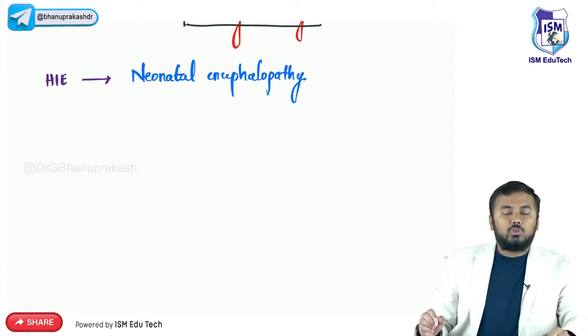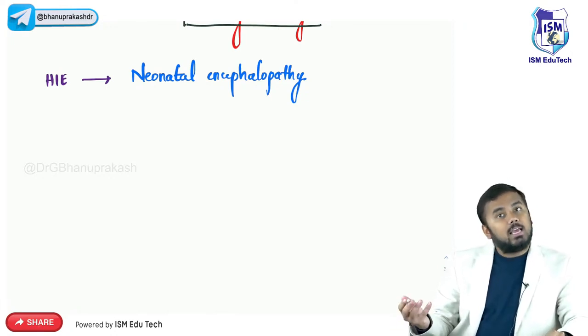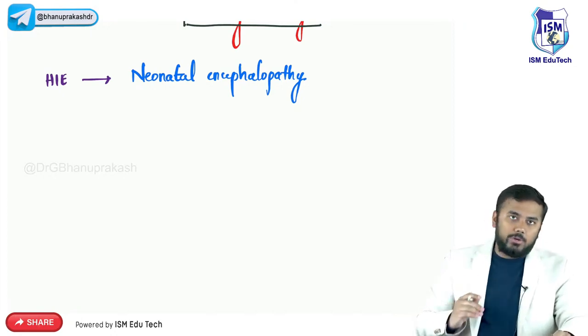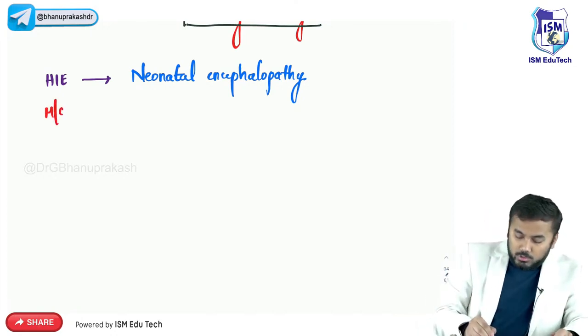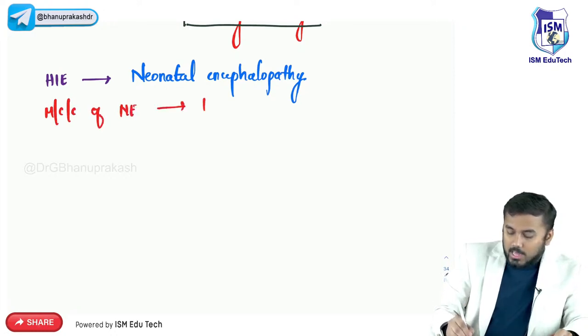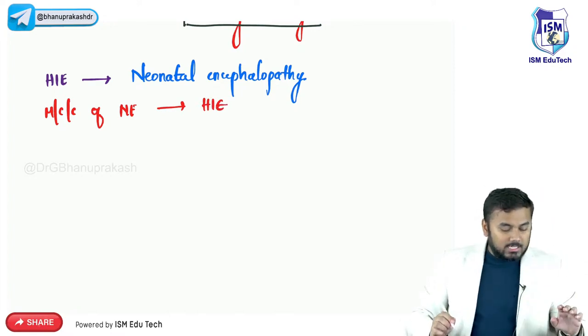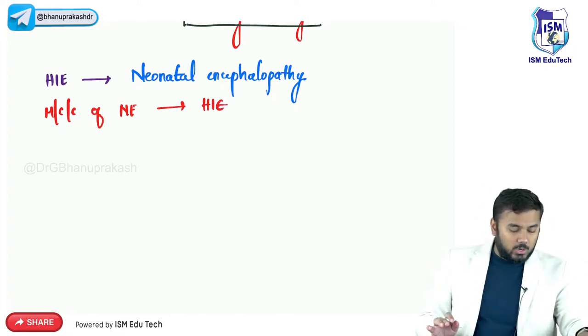So if someone asks you what is the most common cause of neonatal encephalopathy, hypoxic ischemic encephalopathy is the most common cause of neonatal encephalopathy. So these are some of the important general points which you have to know, guys.